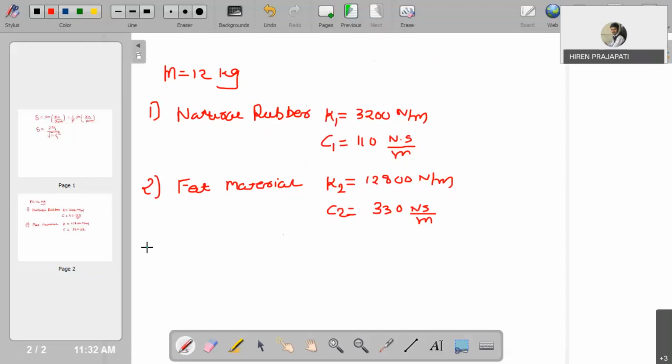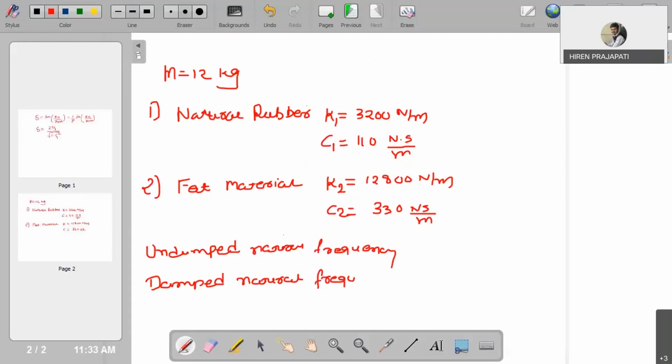We are asked to find the undamped natural frequency and the damped natural frequency. The undamped natural frequency is the natural frequency without damper, and the damped natural frequency is omega d.